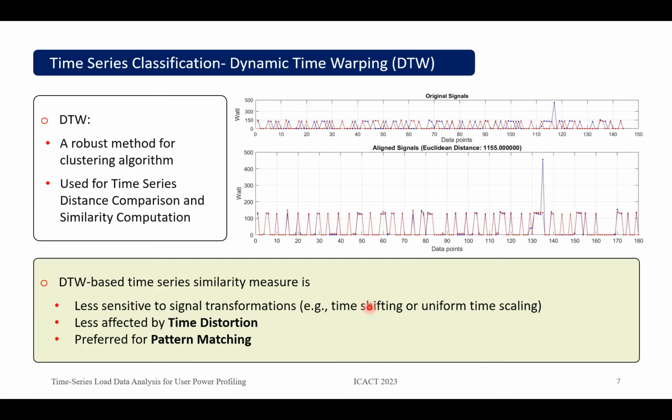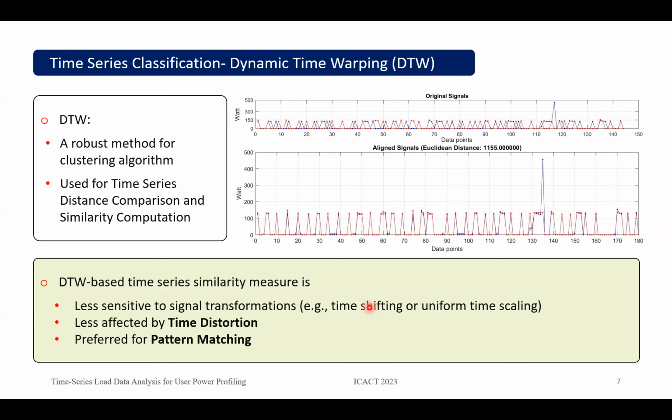For classification, as I mentioned, in our suggested model we use the DTW, or dynamic time warping, clustering algorithm. DTW is a very popular tool in temporal data mining for clustering and classification.